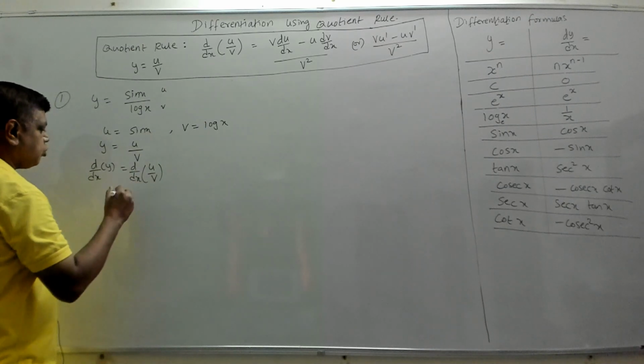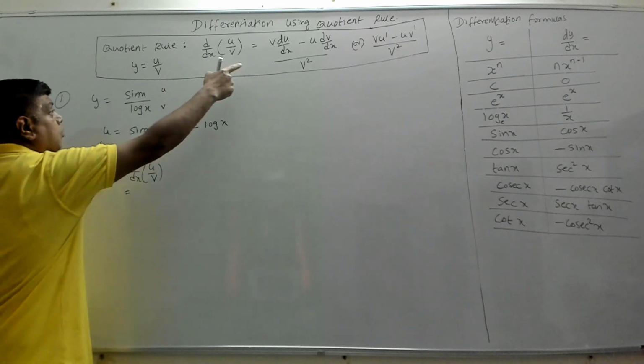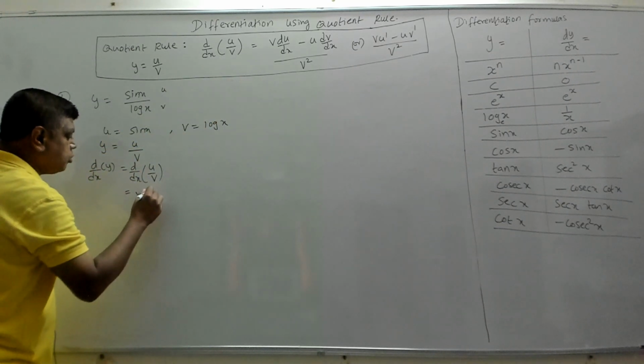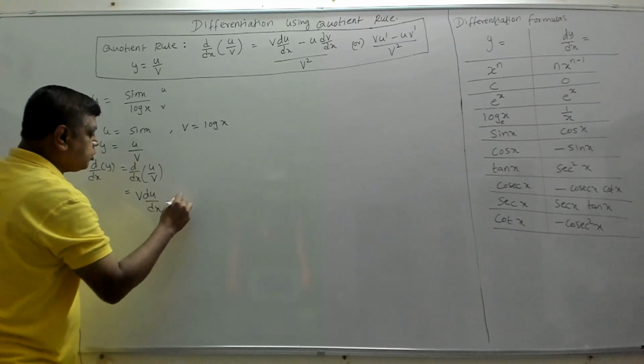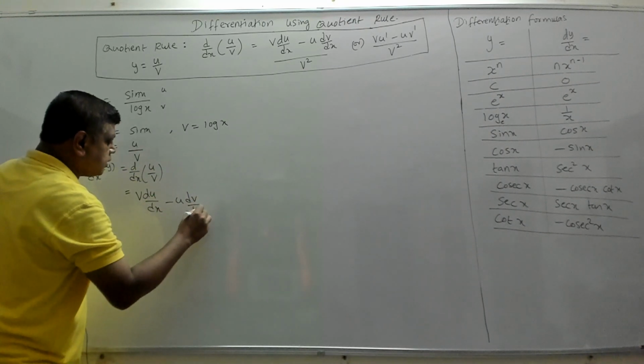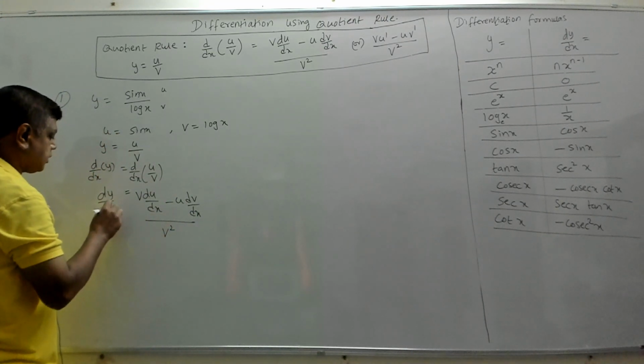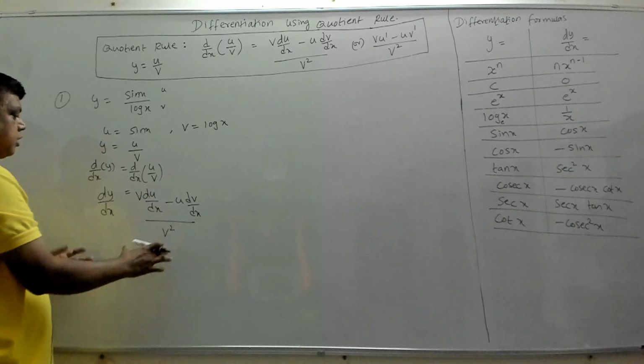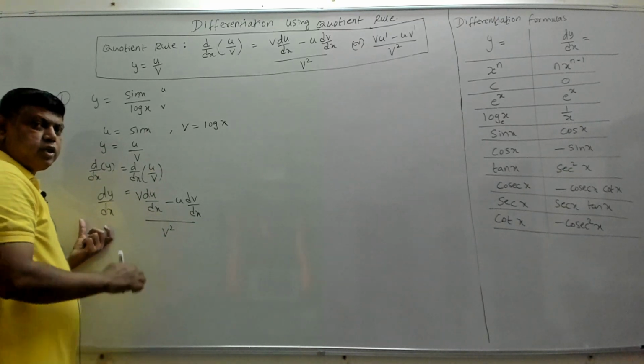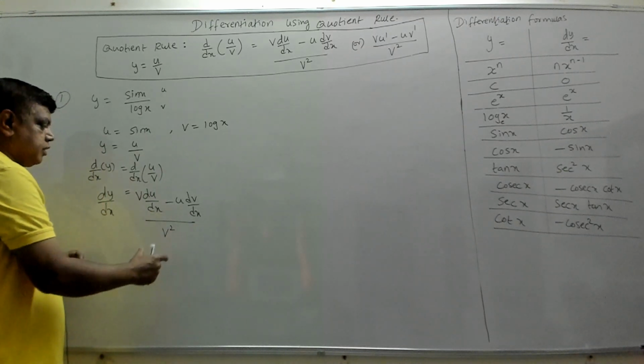And d by dx of u by v is this one: v du by dx minus u dv by dx by v square. So this is our dy by dx. Differentiating y with respect to x gives this.